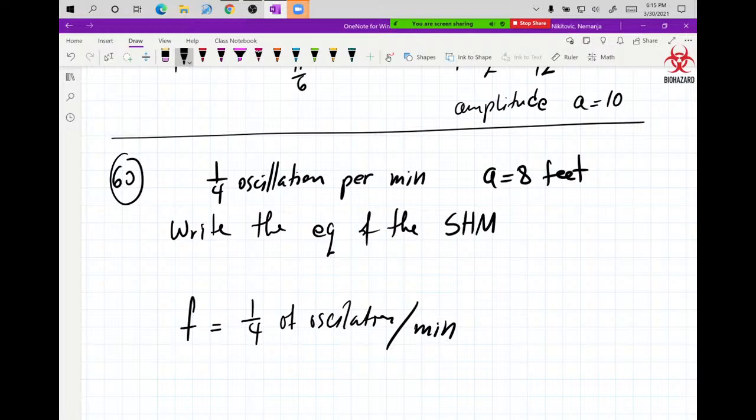That means that 1 minute has 4 parts, therefore, one full oscillation happens every 4 minutes. So that's what it means.